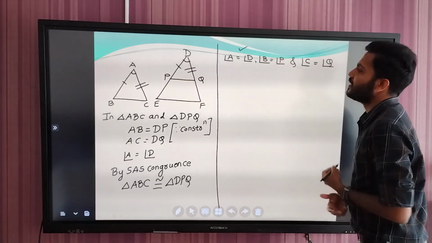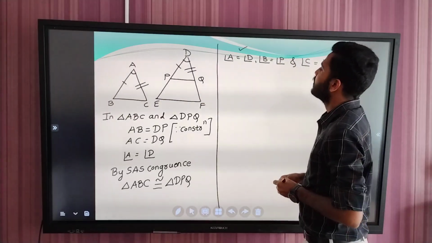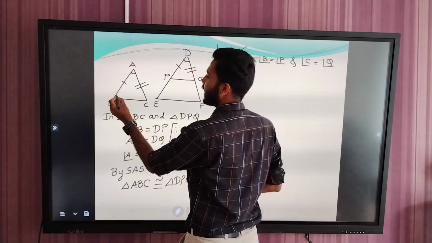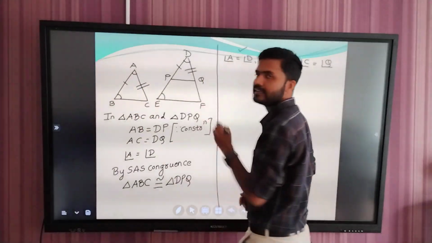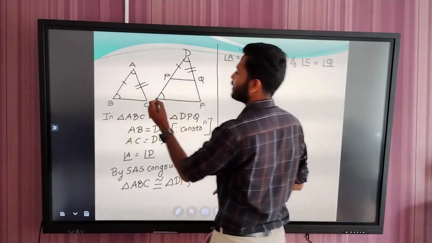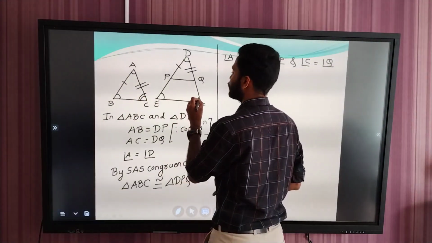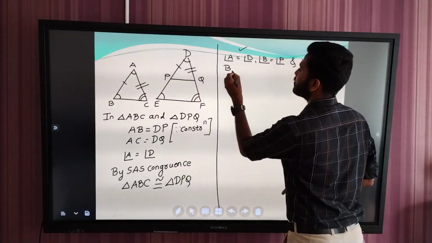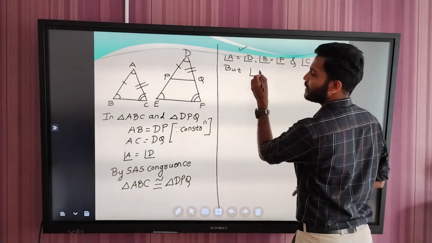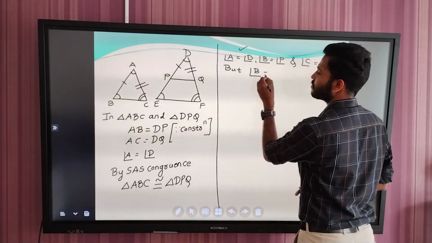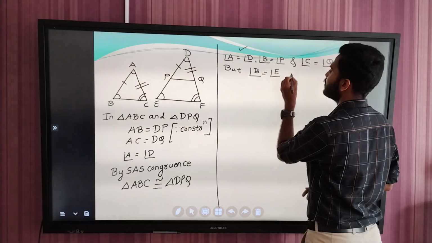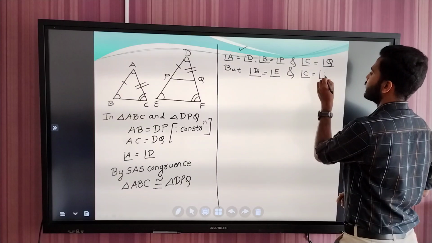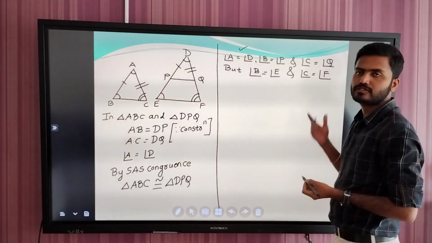So now, my dear students, in the given statement they have told you that angle B is equal to angle E and angle C is equal to angle F. This is given to us.